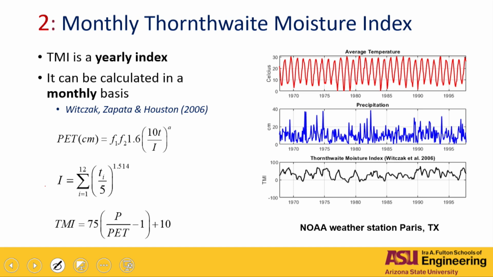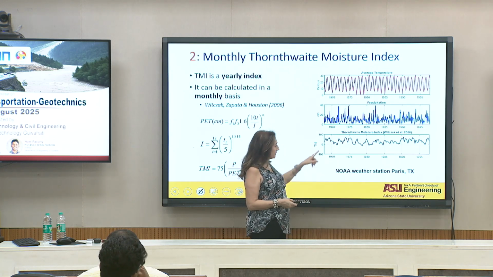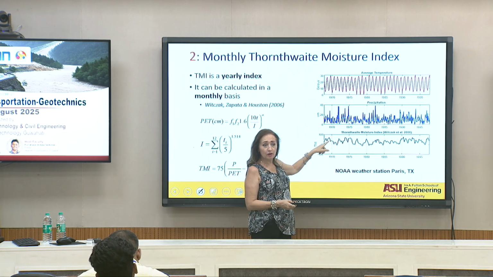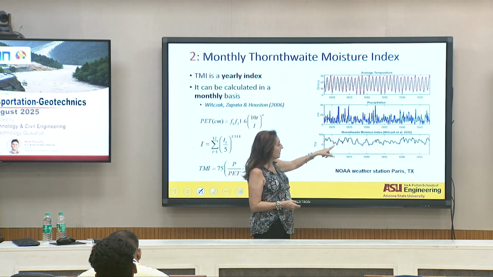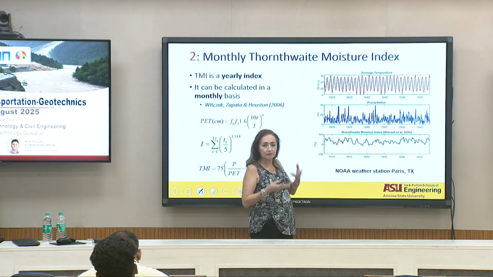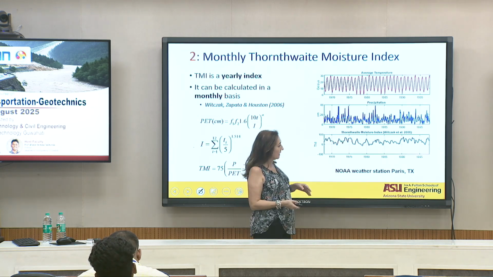In Texas, you're probably going to have a value in the order of about plus 10 or something. But you're going to see some months that were very wet, and therefore the TMI is high. And there were some months when the TMI went even lower than zero, negative something, which means that the evaporation gained over the precipitation in that particular month, all right?